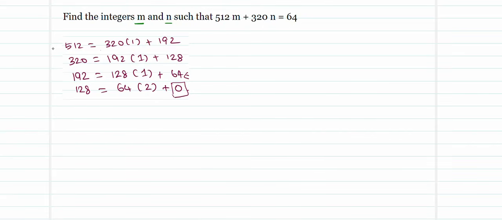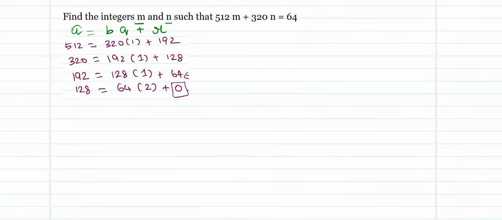We already saw how to find the GCD of 512 and 320, which is equal to 64. We did Euclid's algorithm, and from it we backtraced using the division algorithm. You can quickly go back and watch those videos. We express 512 as 320 times the quotient plus the remainder, that is a equals bq plus r, where b is the smaller value and a is the bigger value.